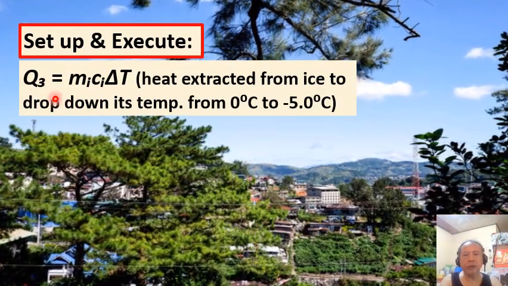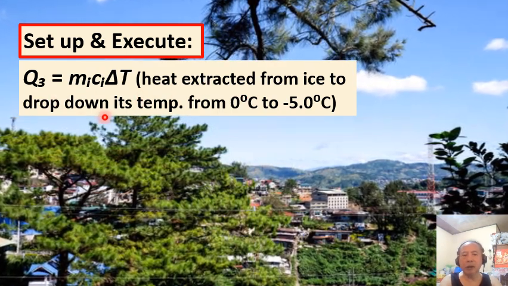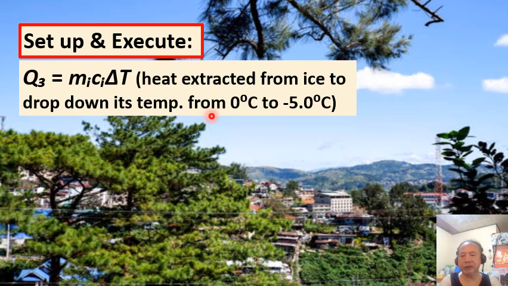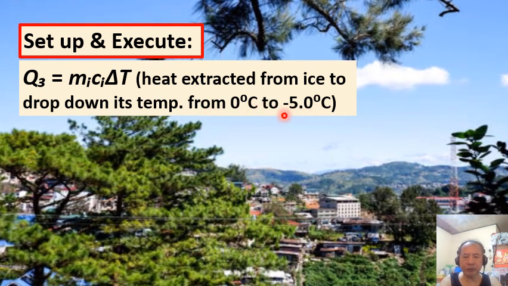For Q sub 3, which is the amount of heat extracted from ice for it to drop its temperature from 0 degrees Celsius to negative 5.0 degrees Celsius.